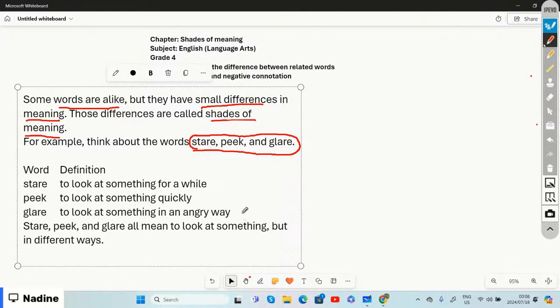All right. So now we're going to look at the word and then we're going to look at the definition of the word. And we're going to see either how similar they are or how different they are.